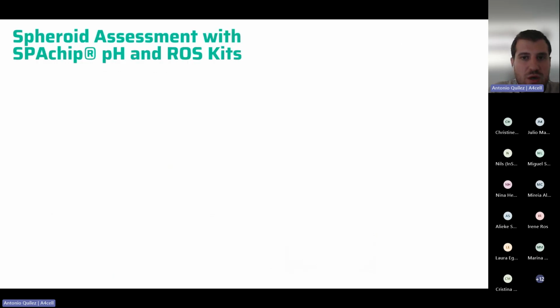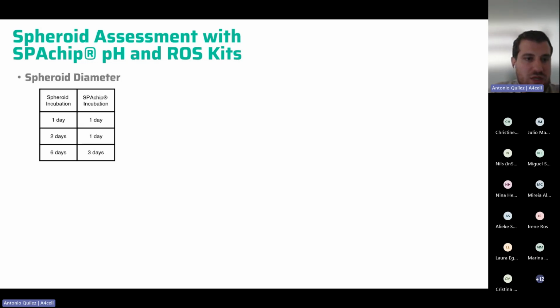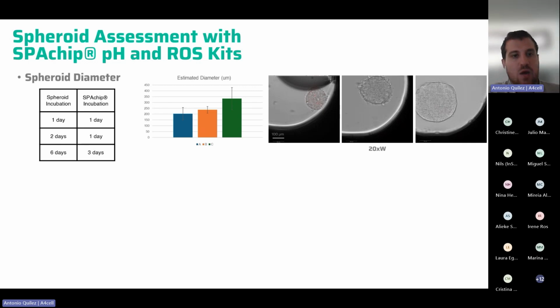And what we saw basically is that we could analyze different kinds of parameters and obtain different kinds of data from our experiments. And what we validated is that we could allow the cells to grow and to increase their diameter, their cell number in 3D, without any effect by the SpheroCHECK, and also that we could locate the SpheroCHECK inside the spheroids in all 3 conditions. So that can be adaptable.